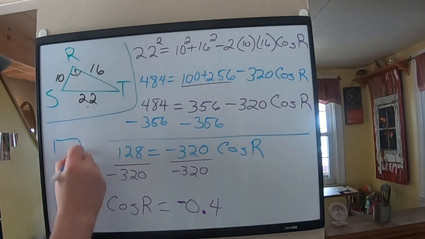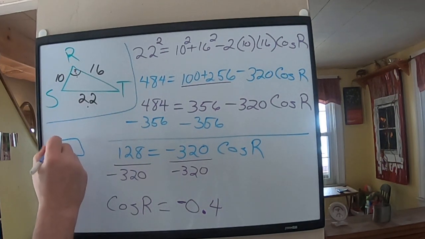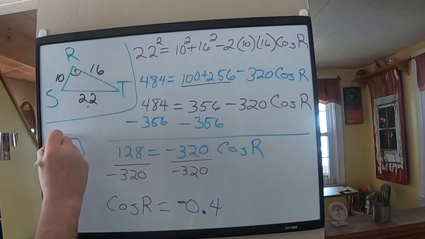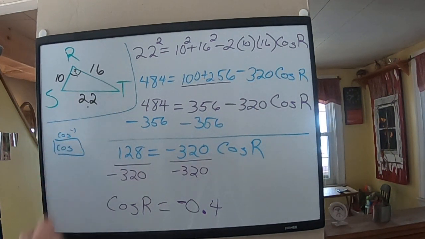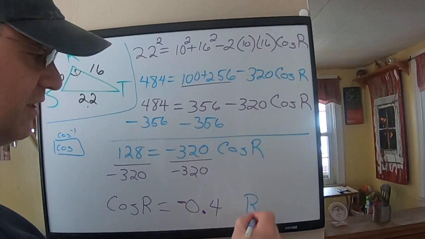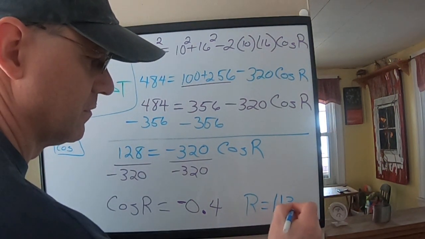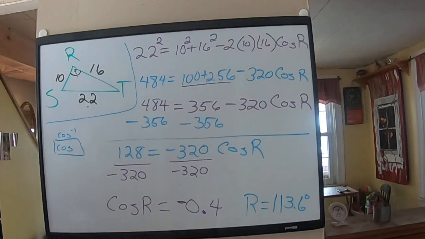That's that button that says cosine, and usually above that is the second function that looks like that. And that's what I want to use. I hit inverse cosine of negative 0.4. And so that leads me to R equals, rounded to one decimal place, 113.6 degrees. There is the result when you solve here.